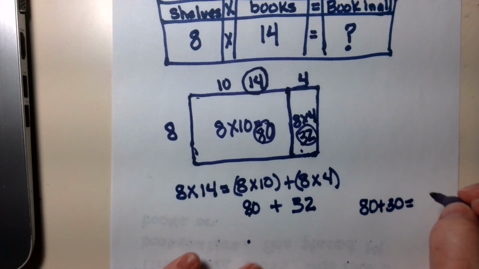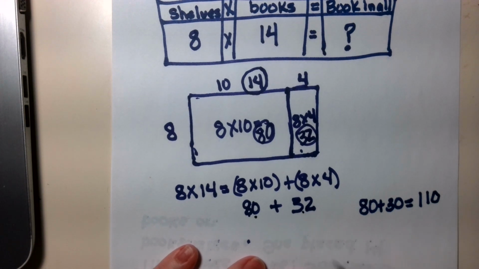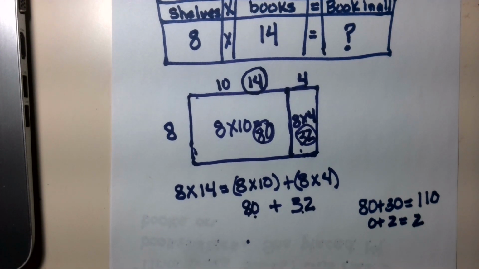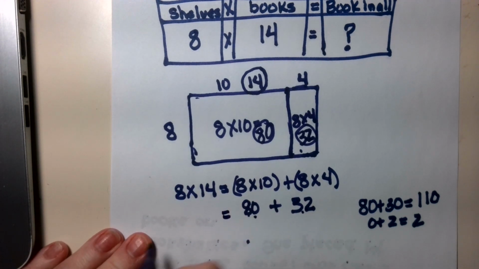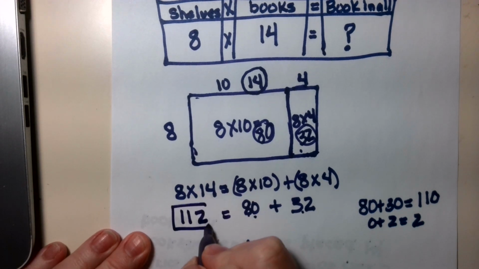So that would be 110. And I know 0 plus 2 is 2, right? What is 110 plus 2? Go ahead and say it out loud. If you said it is 112, you are correct.